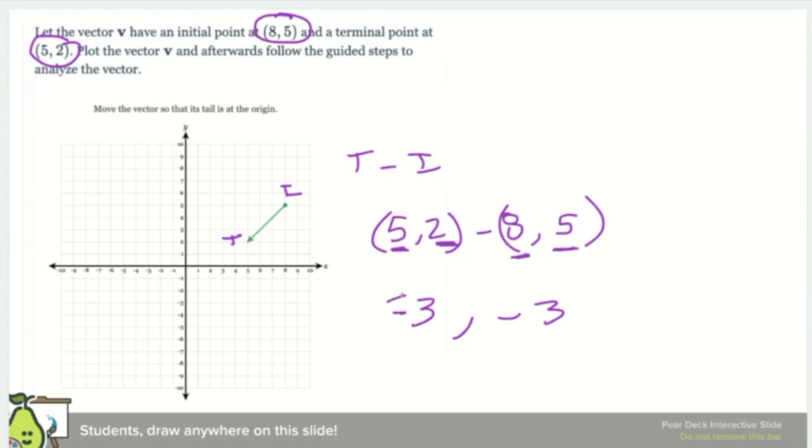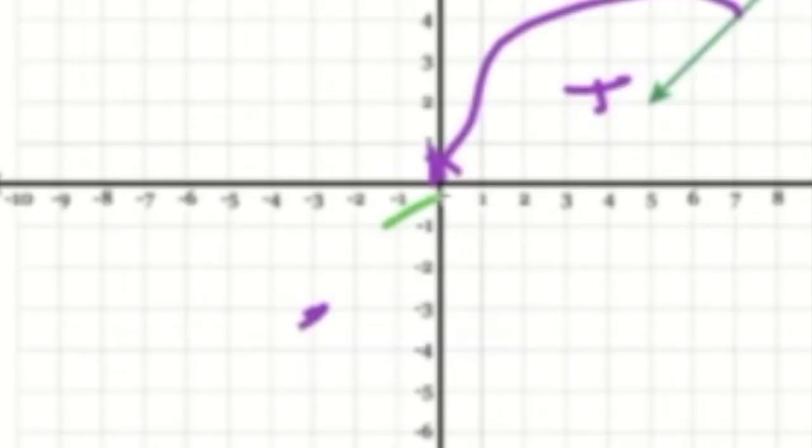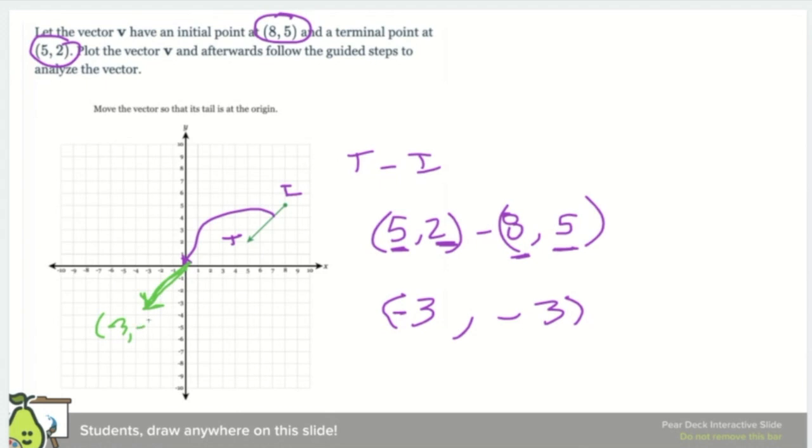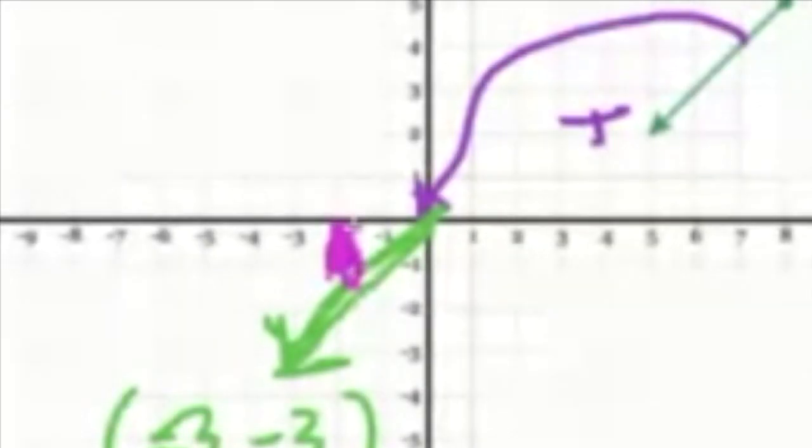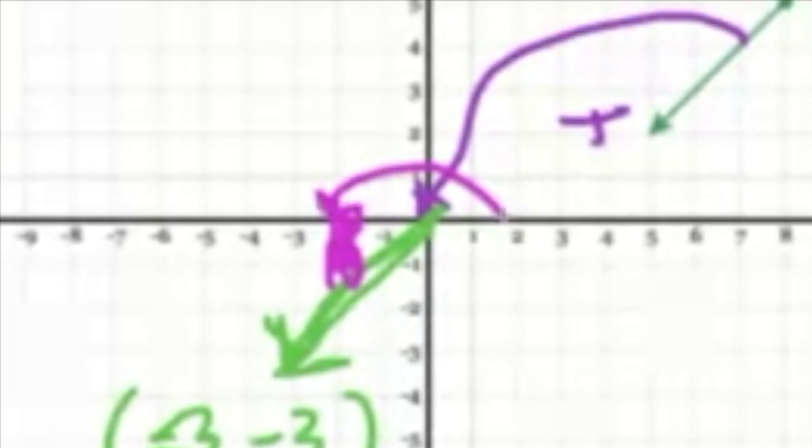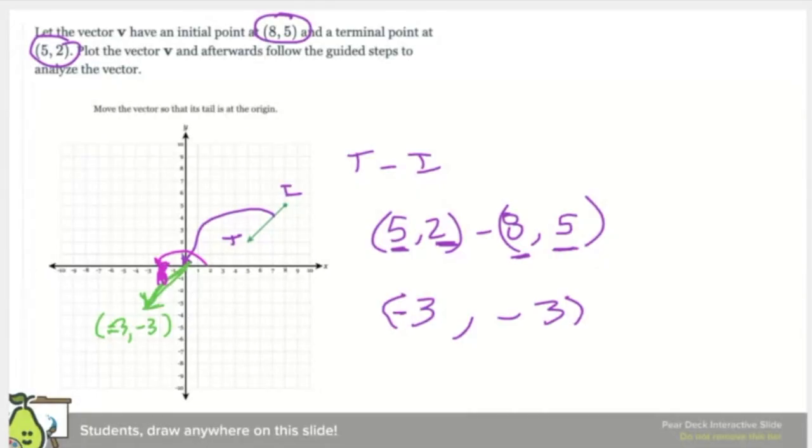That's telling us our vector should end up at -3, -3 when we start at the origin. So if you move this to the origin, we're going to end up with this vector like that, -3, -3. Now that we're at the origin, we can find all the components. We can find the direction, going from here, like that. And then we can find the magnitude and everything we need.